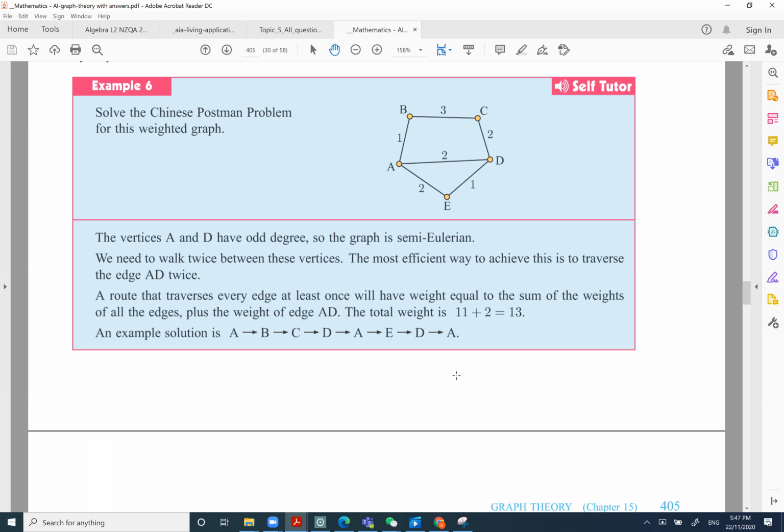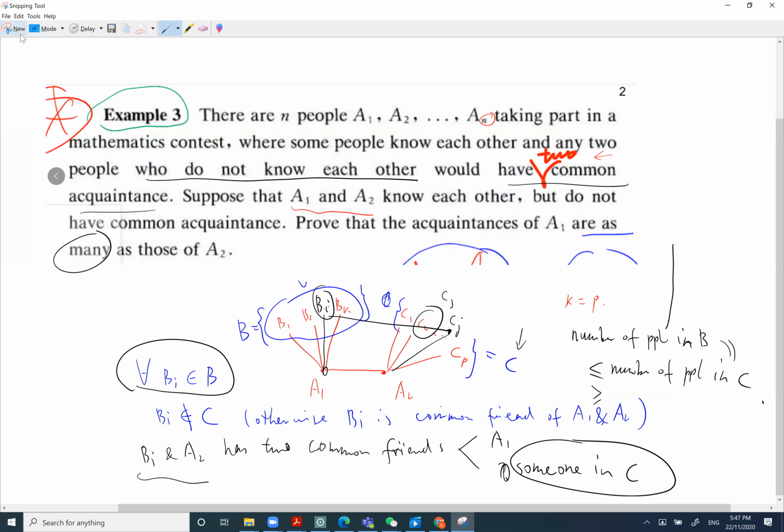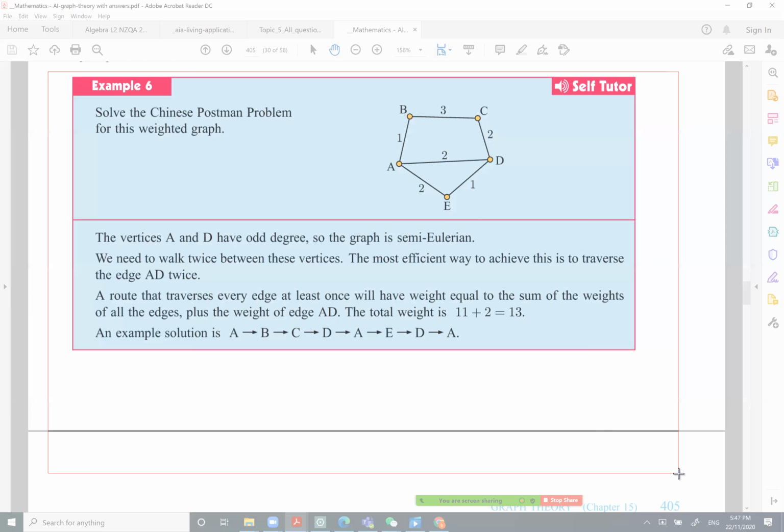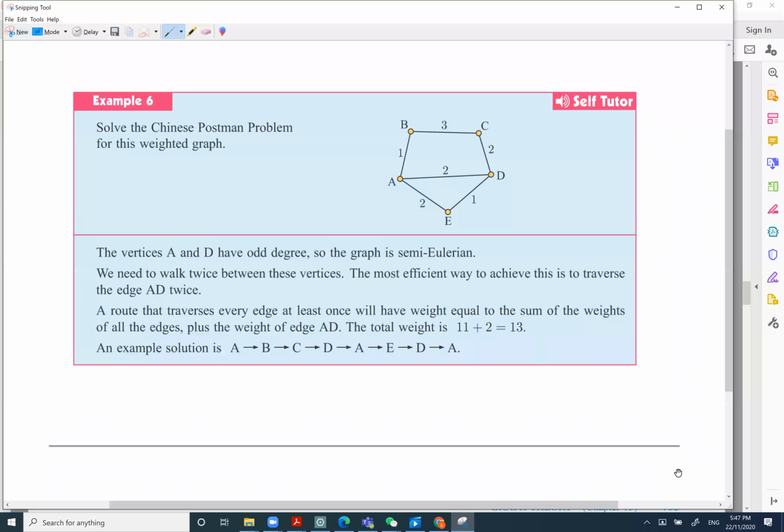So the question, first, just some names. The idea should be okay. For example, what's the meaning of this?